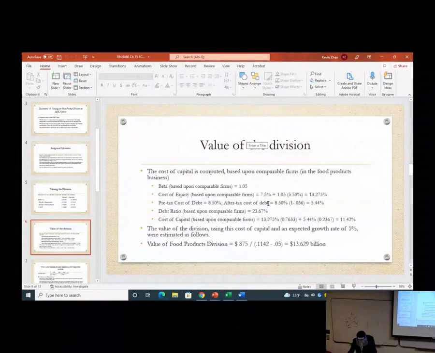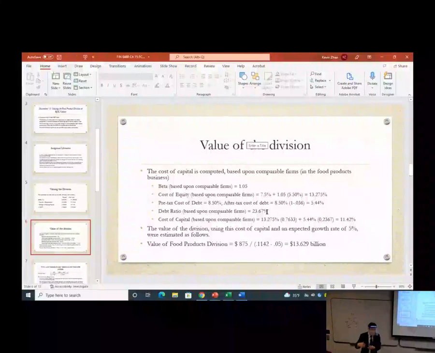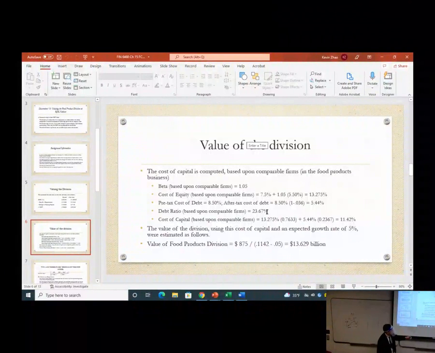And then you look at the debt ratio, 23.67%. Why would you do that? Right now, the company has no debt. When it spins off, you would expect this company to become an average company. The average company takes this much debt.